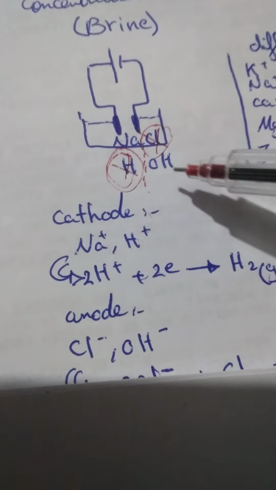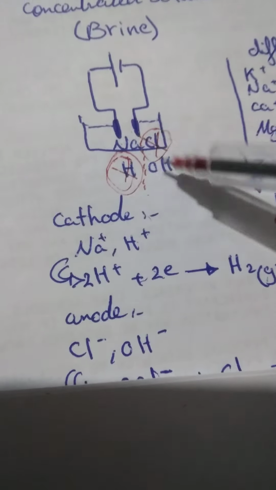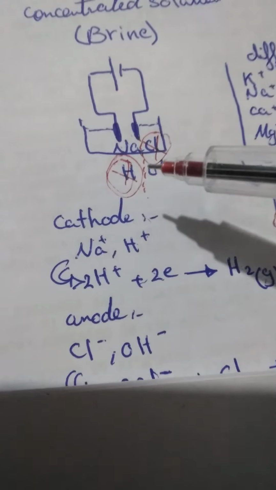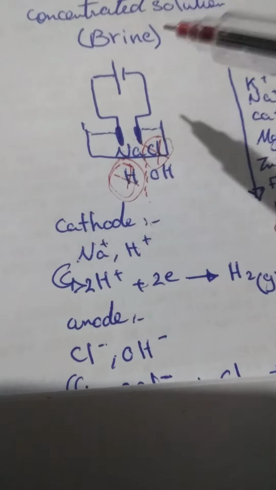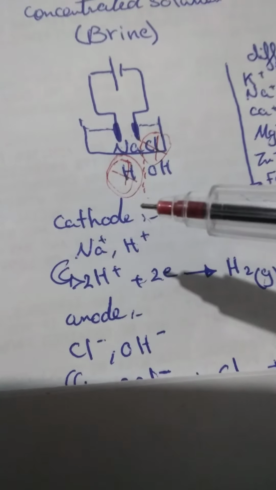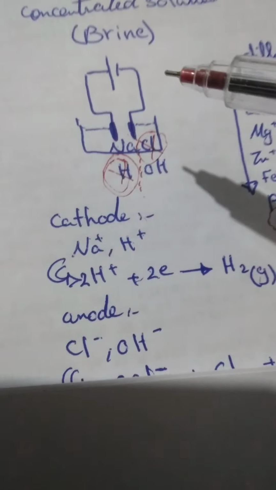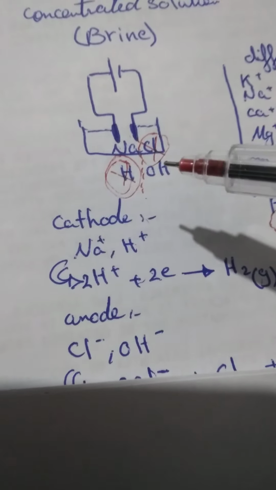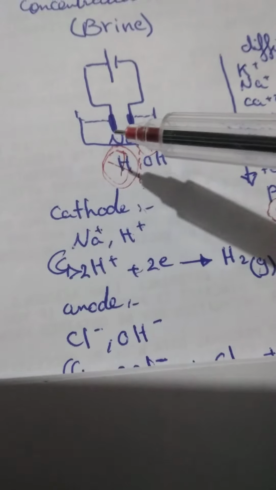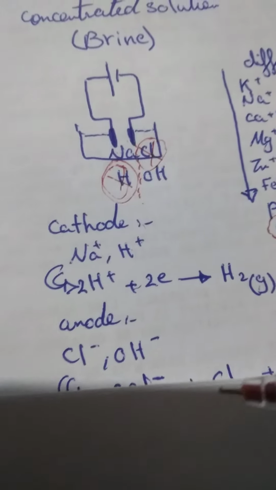Remaining in solution, we have sodium ions and hydroxide ions, which means the solution is now turning into a basic solution of sodium hydroxide, which is one of the important products gained by the electrolysis of brine, commercially used in the preparation of detergents and many other uses. So we have another, third product, which is sodium hydroxide in the solution itself.